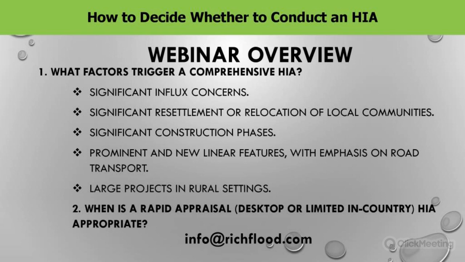When they are linear, like road plan, you get to see that many communities are going to be impacted, and of course, variety of ecological concerns will arise along the linear path or the corridor of the project.